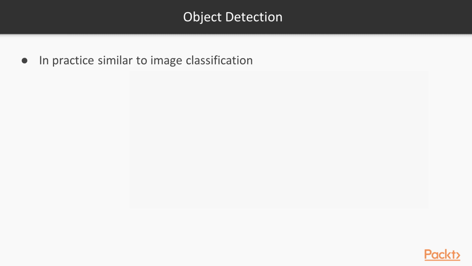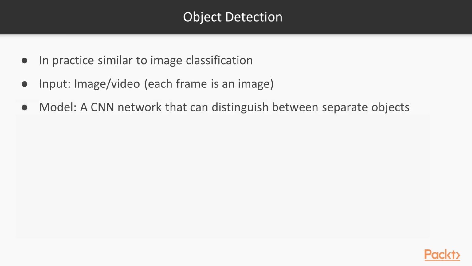In practice, it is similar to image classification, but there are important differences. We still have as an input an image or a set of images like a video, and you can consider each frame in the video as an image. Then you have some kind of model, usually a convolutional neural network, that can distinguish between separate objects. The big difference, apart from the models, is also the output.